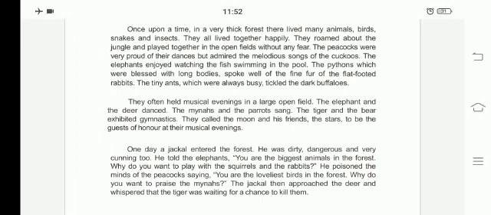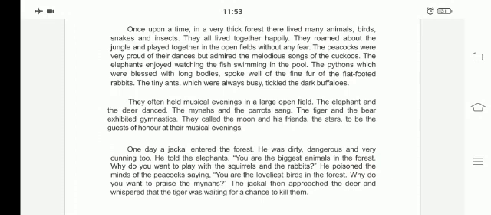And the peacocks were very proud of their dances but admired the melodious songs of the cuckoos. Normally we all know that when a peacock dances it looks very beautiful. So they are saying that the peacocks are very proud of their dances, but they admired the melodious songs of the cuckoos.